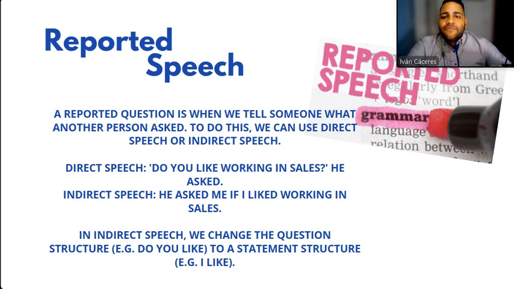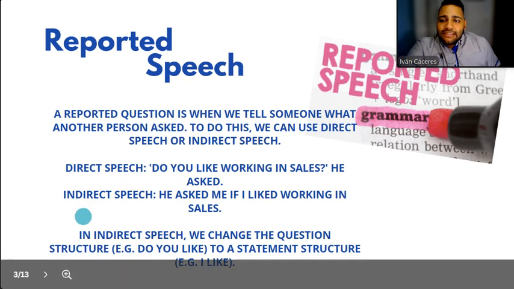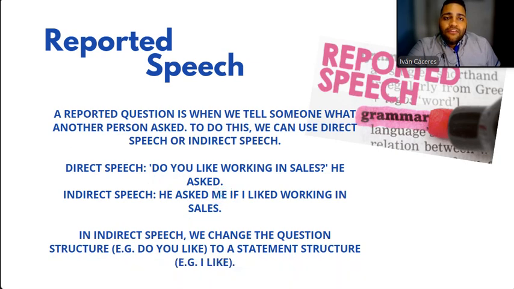He asked me if I liked working in sales. Of course, because the question is, do you like working in sales? And it's directed to me. It says in indirect speech, we change the question structure. For example, if we have "do you like", to a statement structure, we can change it to "I like". And we have to use the "if". For yes and no questions, we use the "if".